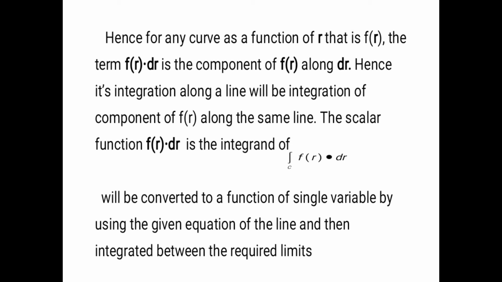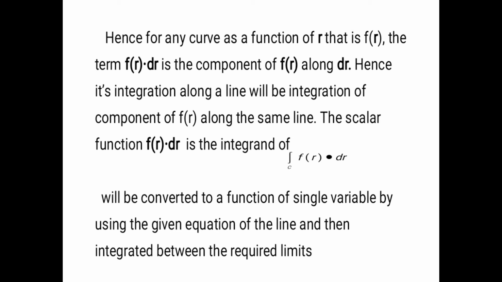In other words, we can say that the radius vector has the initial point at the origin and the end point at the line. So dr will be a small element along the line. It is a vector quantity.